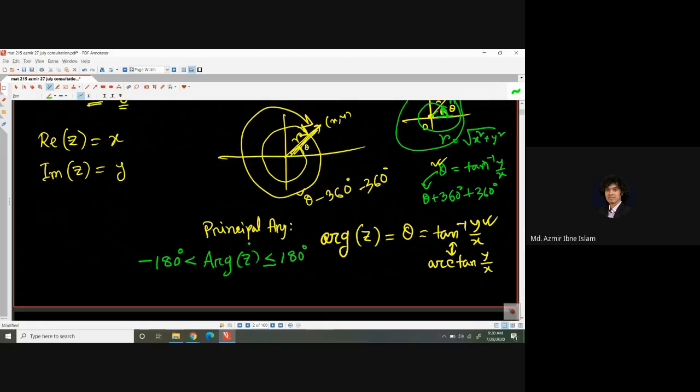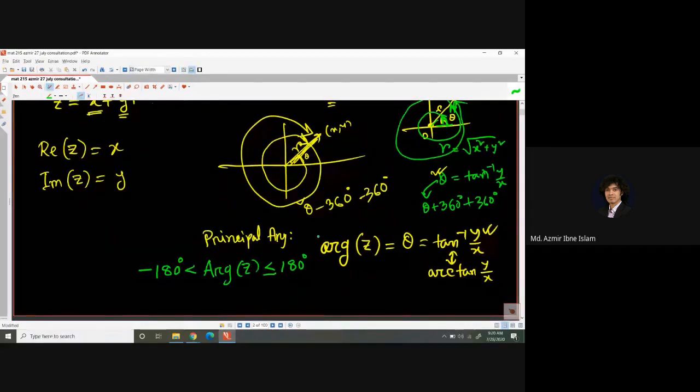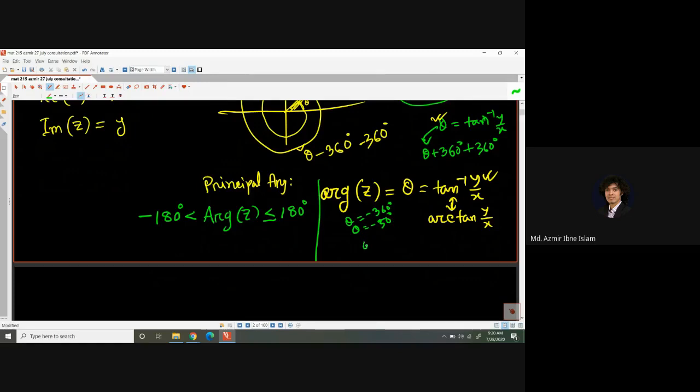So now think about all the arguments. I have already mentioned that this argument theta can take multiple values. Suppose theta equal to negative 50 degree, theta equal to negative 360 degree, theta equal to 150 degree, 170 degree, and theta equal to 180 degree.